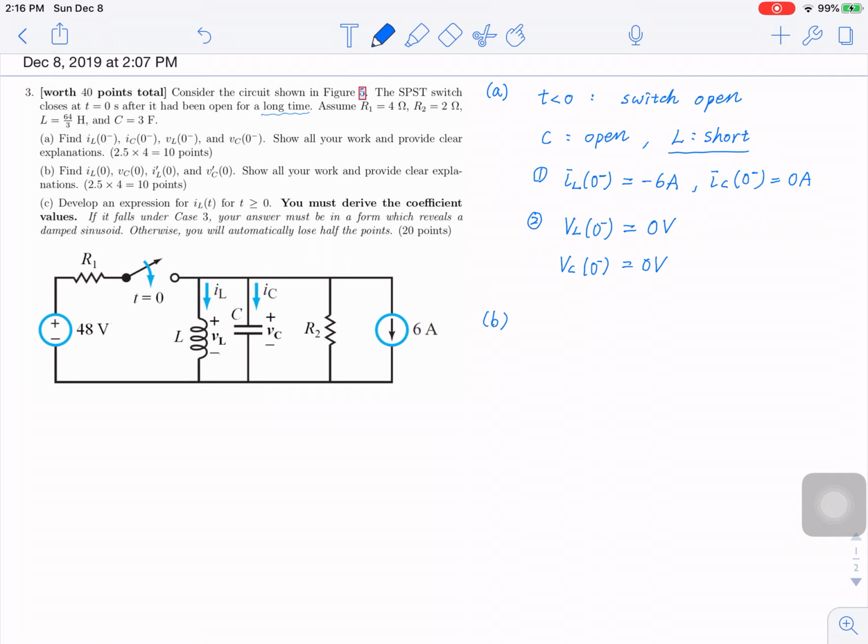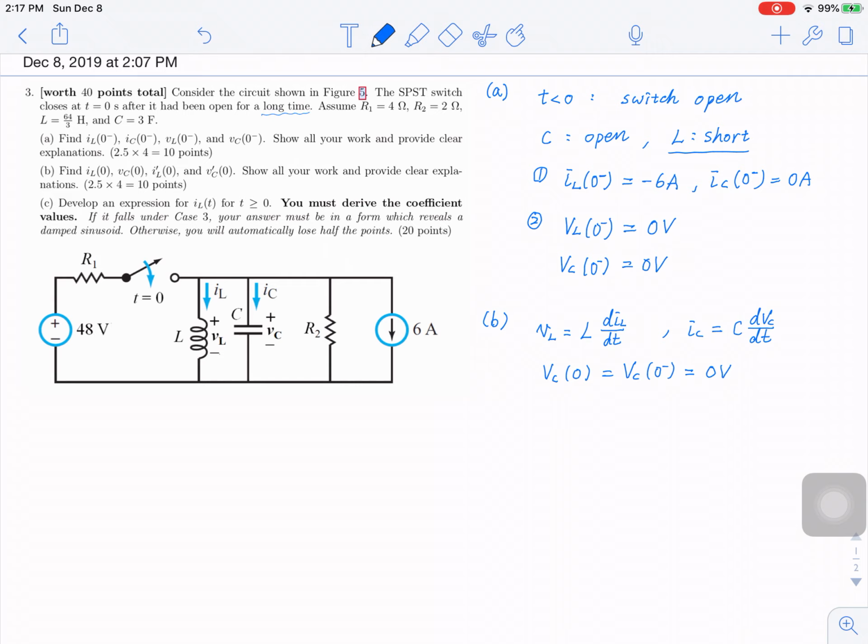First, we have to understand that VL is equal to L dIL/dt, and IC is equal to C dVC/dt. From these two formulas, we know that the voltage across the capacitor cannot change immediately, so VC(0) is equal to VC(0-), which is 0 volts.